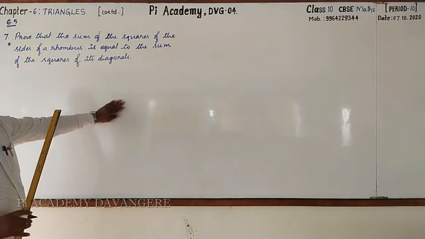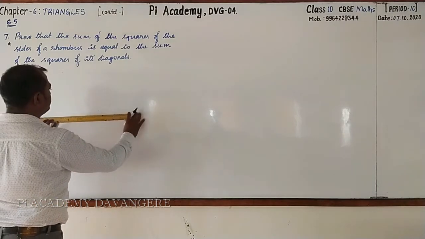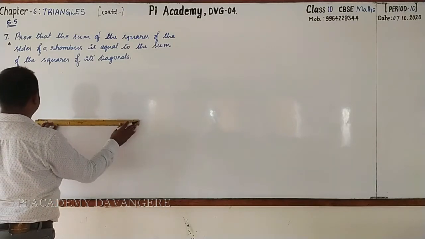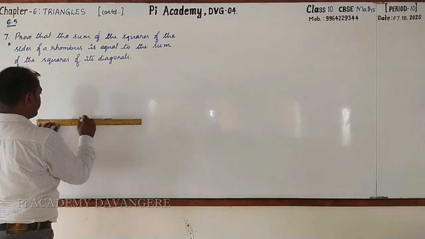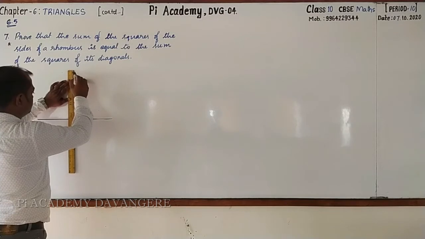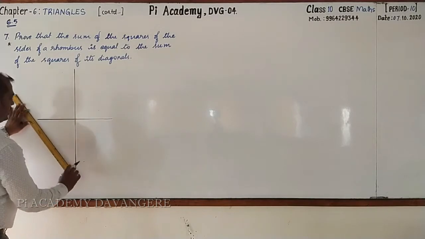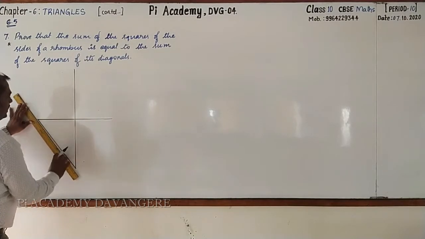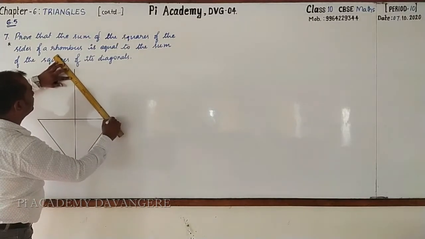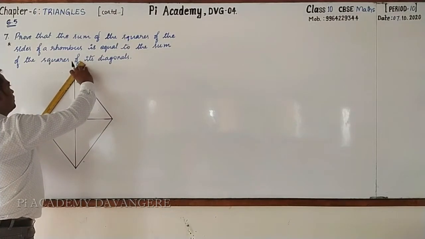So first, which geometrical figure should be drawn? It is a rhombus. Okay, let's go for drawing the rhombus. It can be drawn in two different ways. Then draw like this, and join the end points. You can name the rhombus ABCD, either clockwise or anti-clockwise.